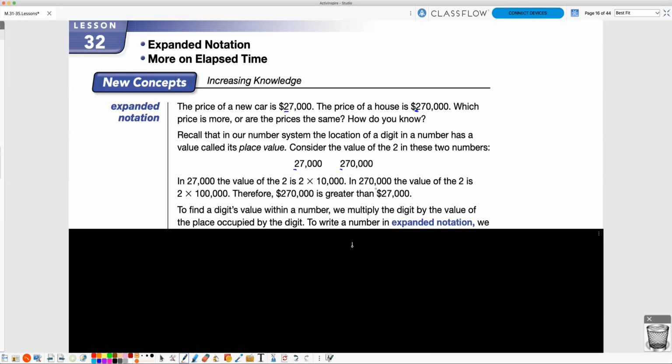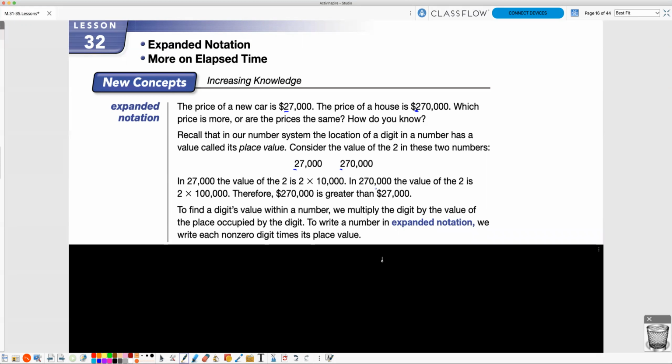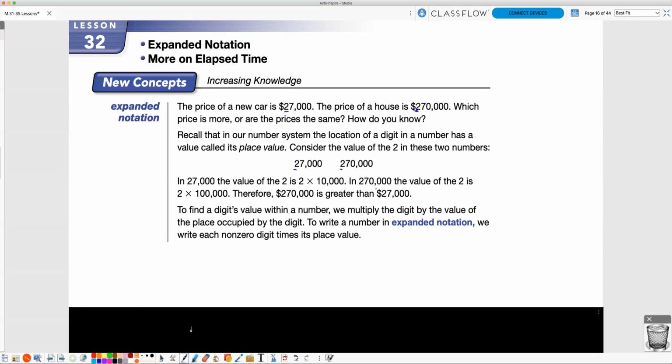To find a digit's value within a number, we multiply the digit by the value of the place occupied by the digit. To write a number in expanded notation, which is today's lesson, we write each non-zero digit times its place value. So for example, this 2 is in the 10,000s place, and in this case, the 2 is in the 100,000s place.